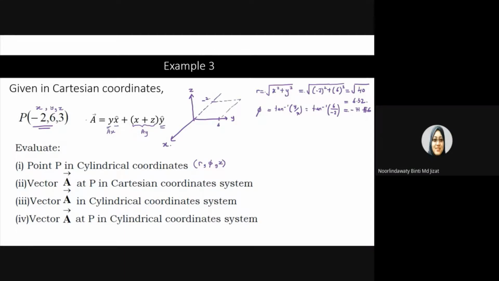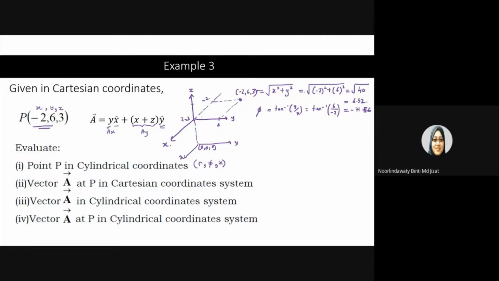And then your Z is 3. Let's say, for example, this one is Z is 3. Your point will be here: -2, 6, and 3. This one is 0, 0, 0.